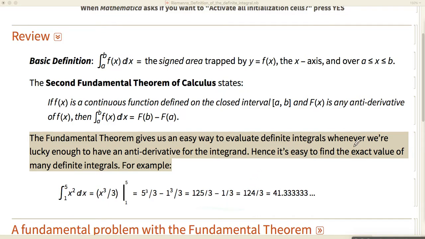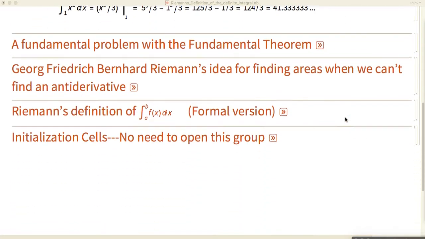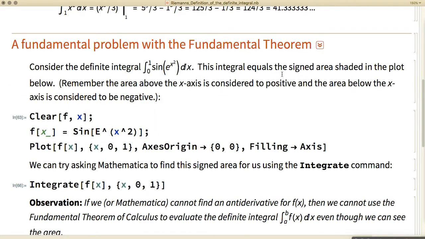We've known this now for a while, but there is also something that we need to keep in mind. There is a fundamental problem with the fundamental theorem. I want you to consider this integral here: the integral from 0 to 1 of the sine of e raised to the x squared.